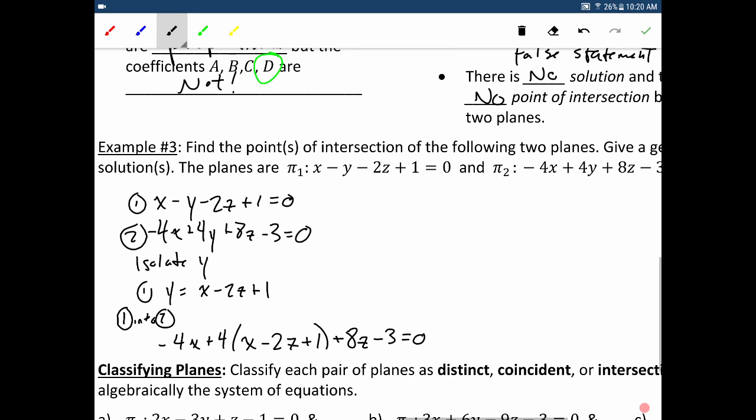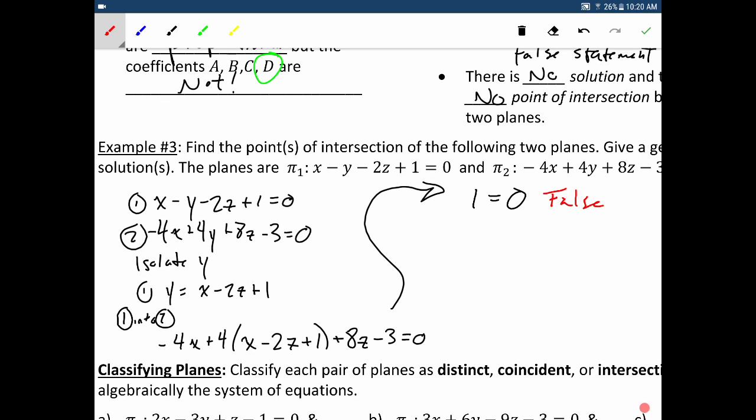Obviously I'm out of room, so I'm going to jump up here. Okay. And we're going to simplify that, and that's going to give me 1, I think. Is it 1? Yep. So what it gives me is 1 equals 0, which is false.